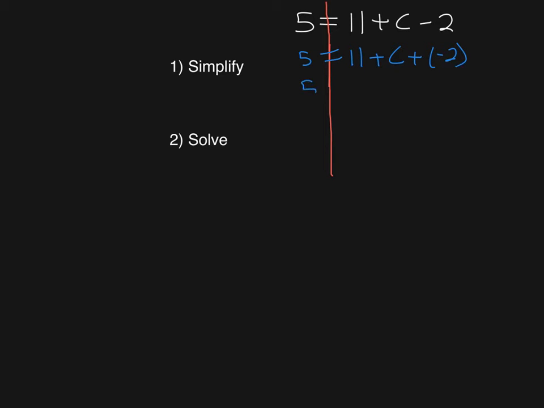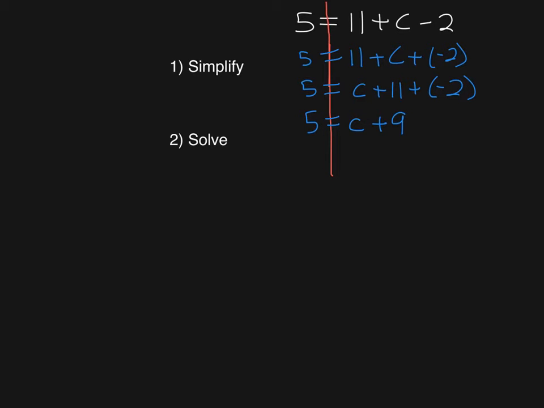Now, when I rearrange, I have 5 equals c plus 11 plus negative 2. When I combine like terms, 11 plus negative 2 is going to give me 9, so I have 5 equals c plus 9. Now, this is fully simplified. On that right side, c plus 9, that's as simple as that's going to get.